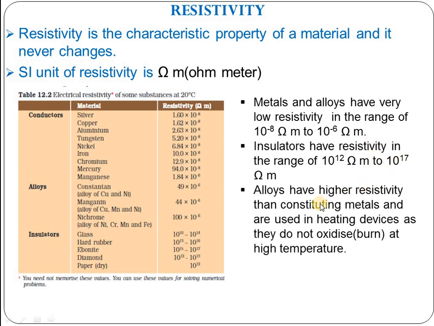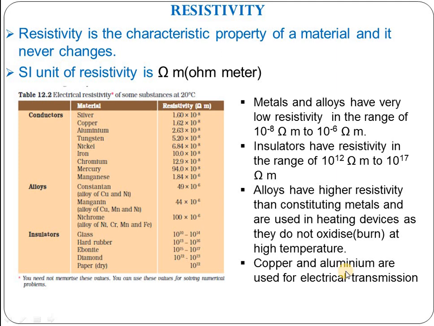Alloys have higher resistivity than their constituent metals, so they are used in heating devices as they do not oxidize or burn at high temperature, whereas copper and aluminium with low resistivity are used for electrical transmission.